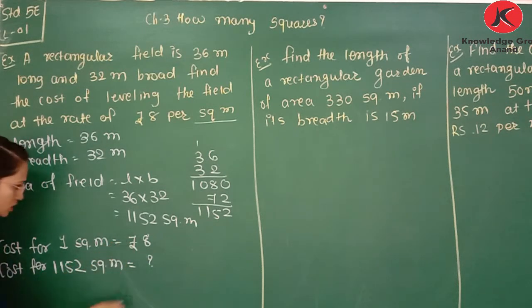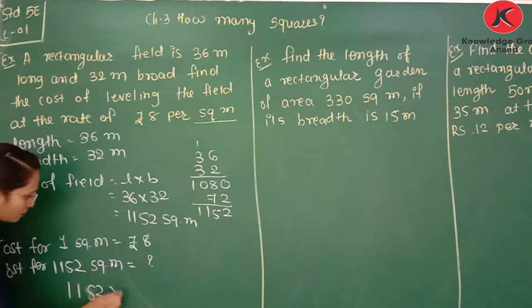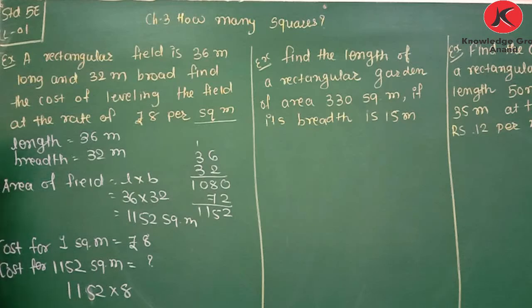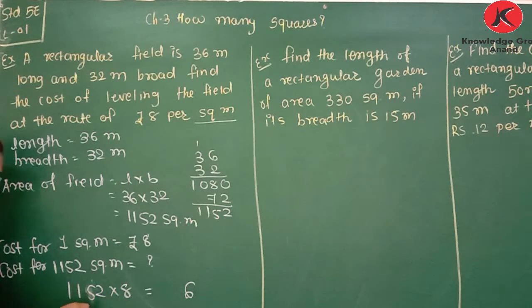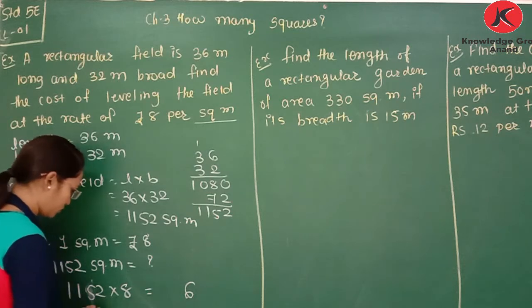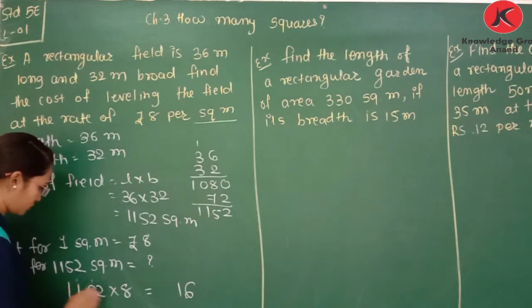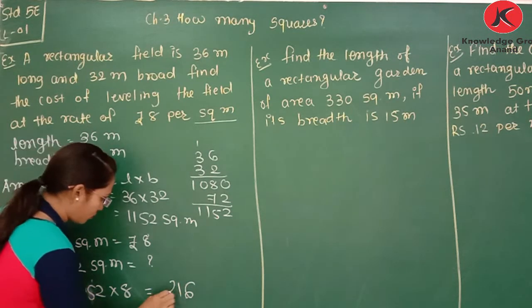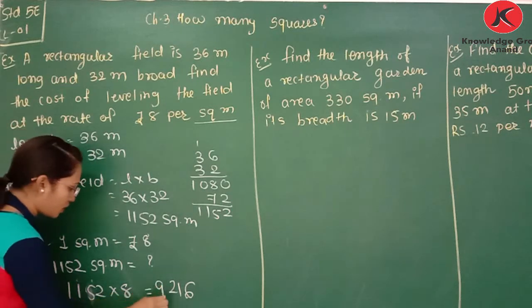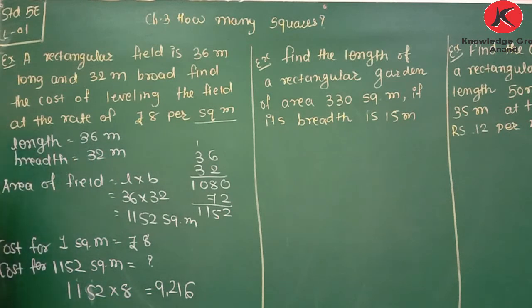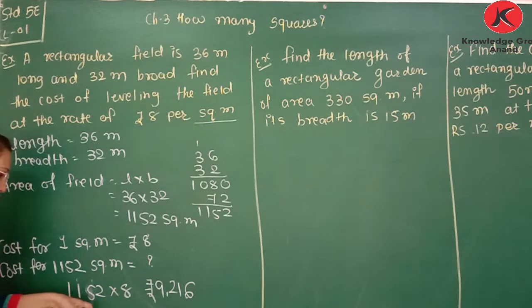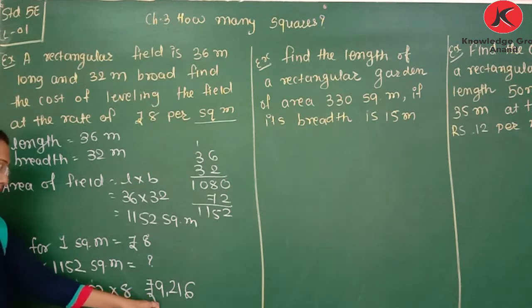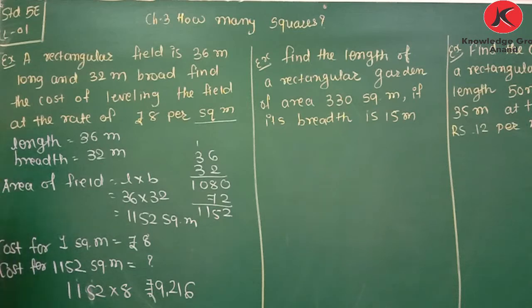Cross multiplication. So it is 1152 multiplied with 8 divided by 1. If you multiply 1152 with 8, you will get 9,216 rupees.